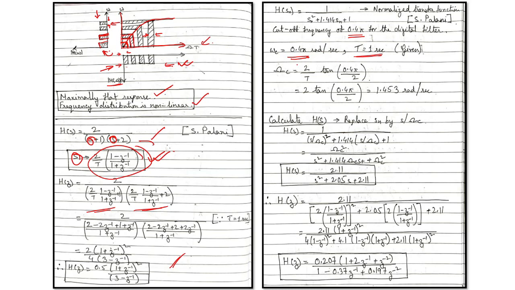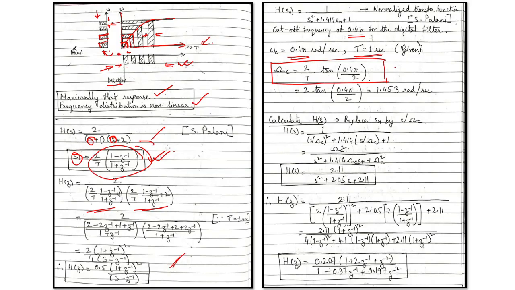Now over here, if you remember, we talked about pre-warping. We are trying to find out the actual analog frequency that we need to use for designing the digital filter.